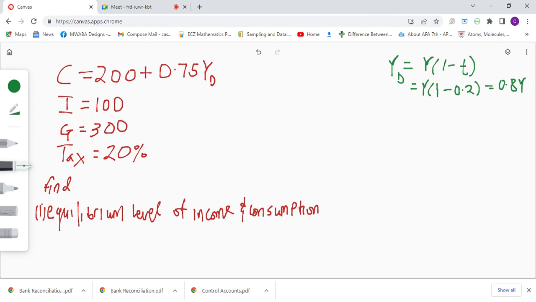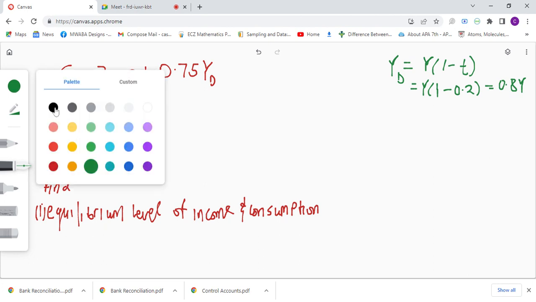So that is our tax, and this is our disposable income. Now, we've been given investment spending is 100 million, government spending is 300 million. They've told us to find the equilibrium level of income and consumption.